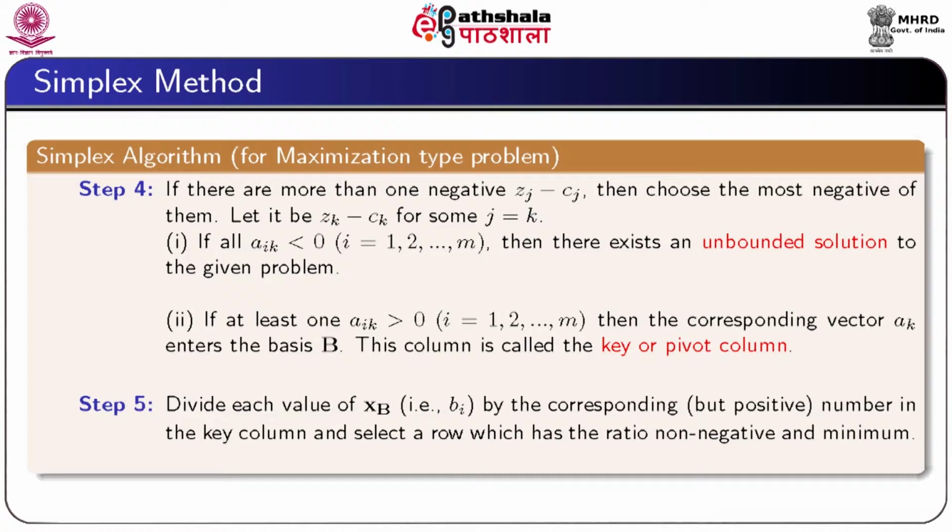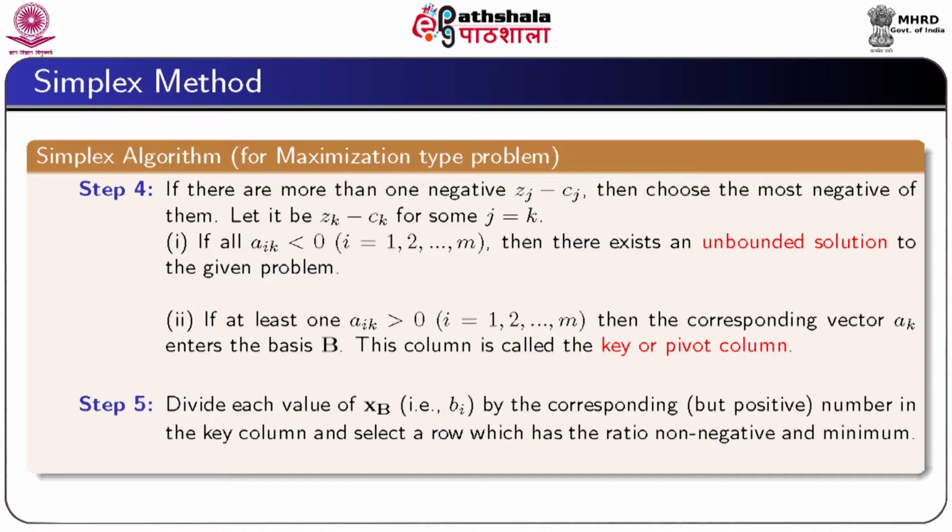If all Aik are less than or equal to 0, then there exists an unbounded solution of the given problem. If at least one Aik is greater than 0, then the corresponding vector Ak enters the basis, and this column is called the key or pivot column.